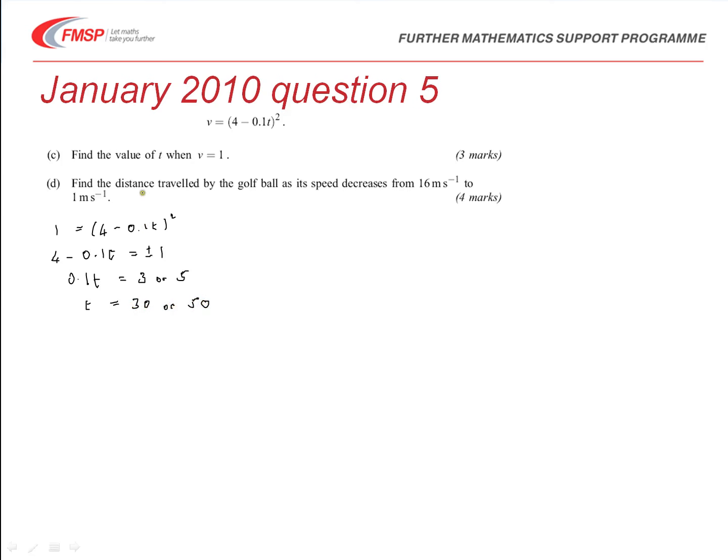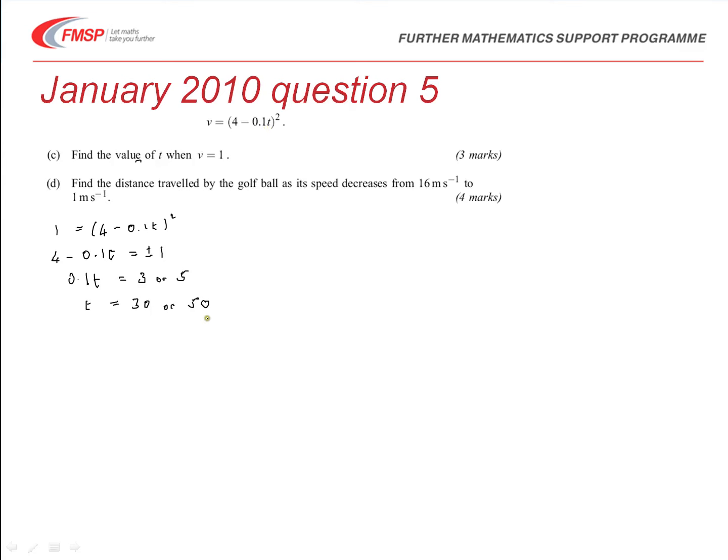It's given us two values, but if you notice it said value, so why and which one of these do we use? Well, if you remember, it said the force was only applied until it came to rest. Well, it will come to rest when t is 40.